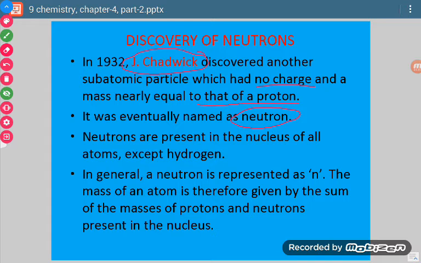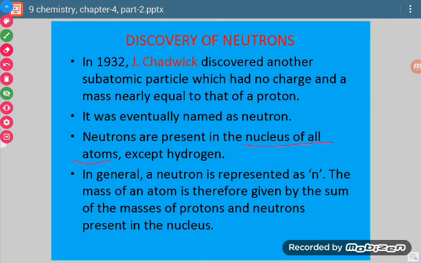Okay, now where do neutrons exist? Neutrons are present in the nucleus of all atoms. In case of hydrogen, there is no neutron, there is zero neutron. So there will be absence of neutron in the nucleus of hydrogen atom. Otherwise, in whichever atom there is presence of neutron, that neutron exists in the nucleus.